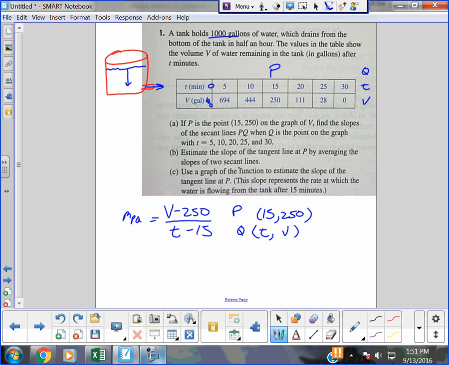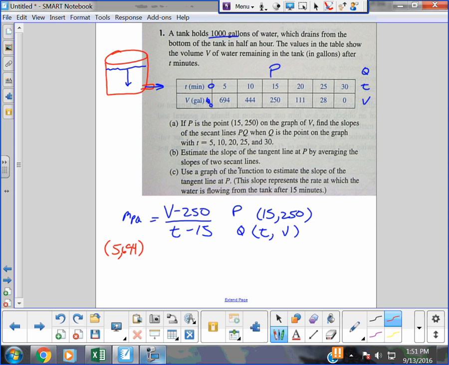All right, so the first point was (5, 694). So you guys notice the bottom is negative, 5 minus 15, right? The top is whatever 694 minus 250 is, all right?